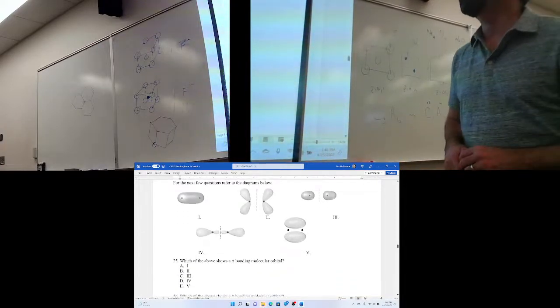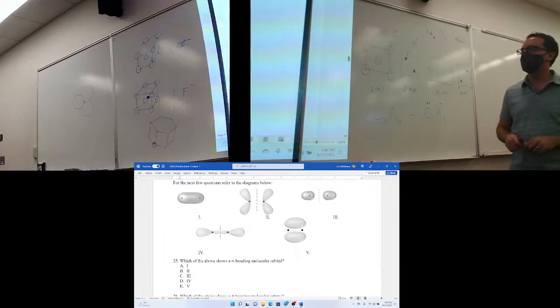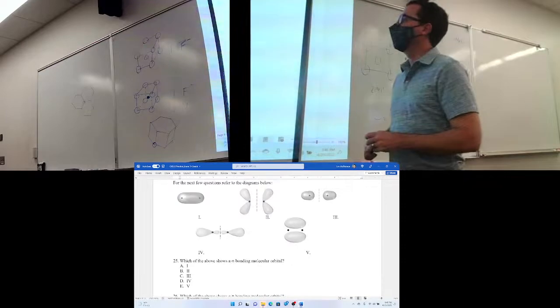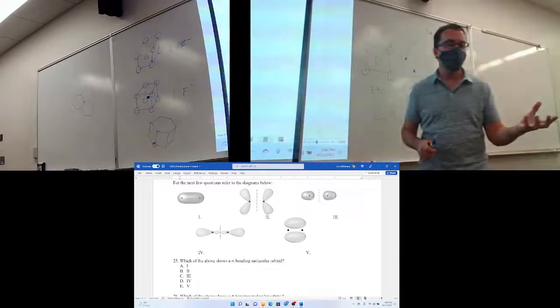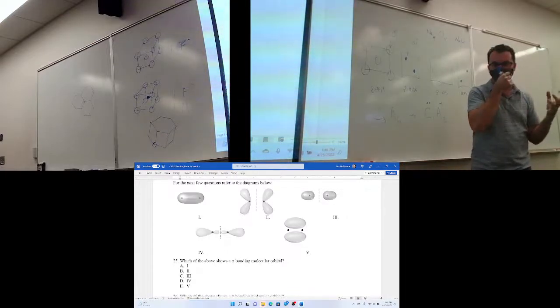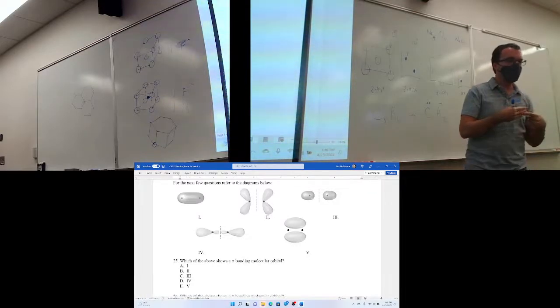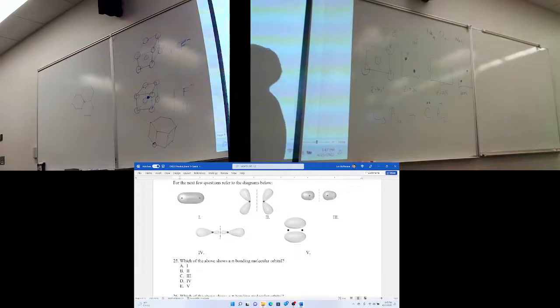This is the nice question here. 25, which of the above shows sigma bonding? Sigma means an end-to-end overlap of orbitals, or another way is an overlap where there's only one place where your orbitals overlap. And the only ones that do bonding and not anti-bonding is number 1 up here.